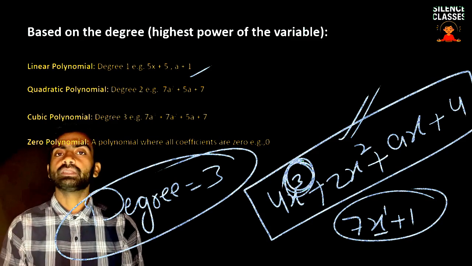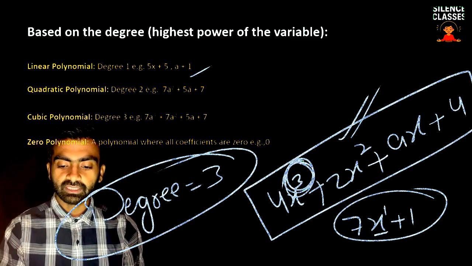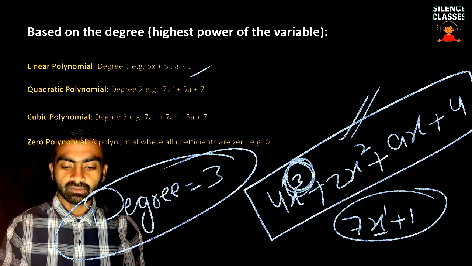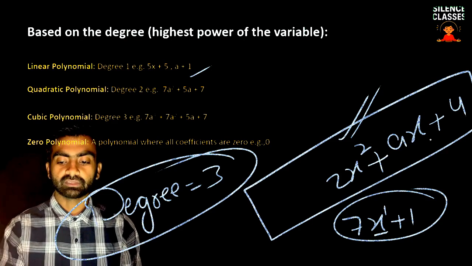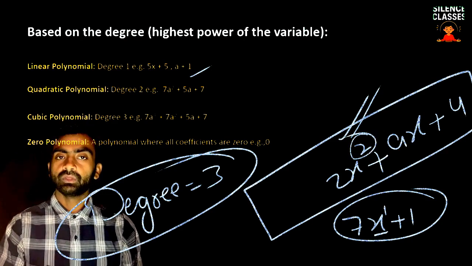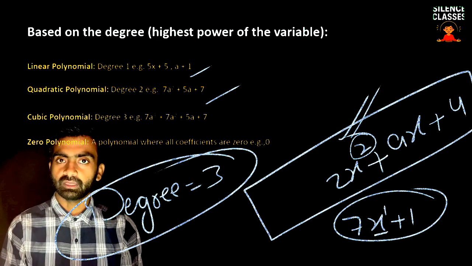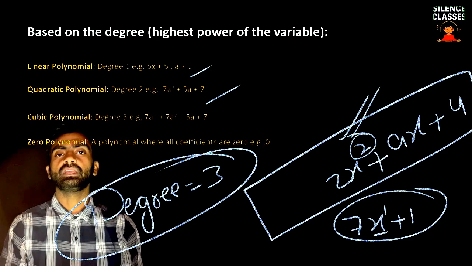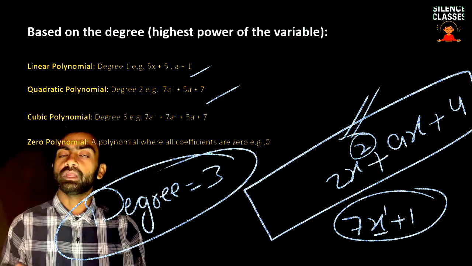Whenever the degree is 1, it is known as a linear polynomial. Whenever the degree is 2, for example if the equation given to us is 2x square plus 9x plus 4, you guys can check that the highest degree is 2. So it is a quadratic polynomial. Whenever the highest degree is 2, we will say it is a quadratic polynomial.